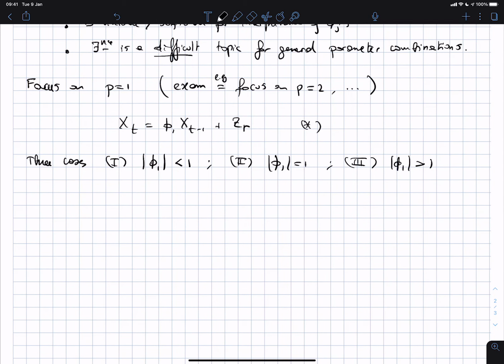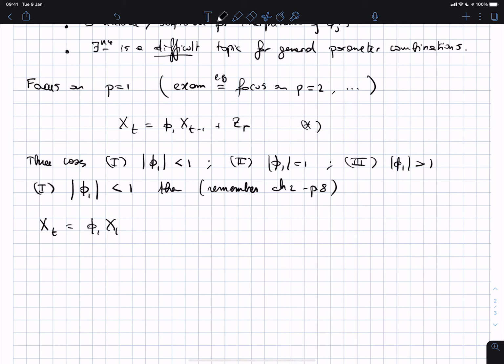Okay, so the first case is again basically covered in the notes, so I'll go quickly over this one. In this case, it's very similar to what we did in chapter 2, page 8. We start with this, then we work recursively to decide that for every n we can write this.